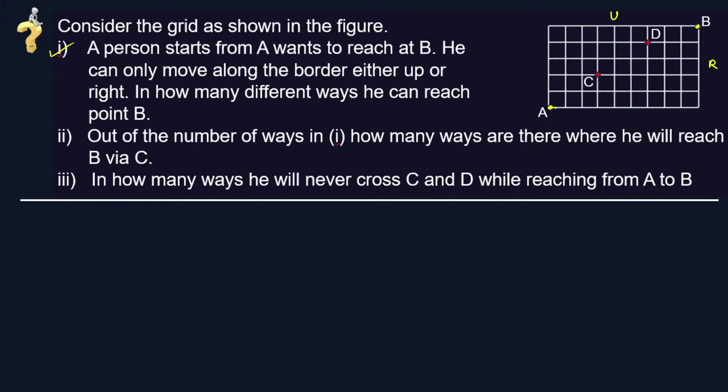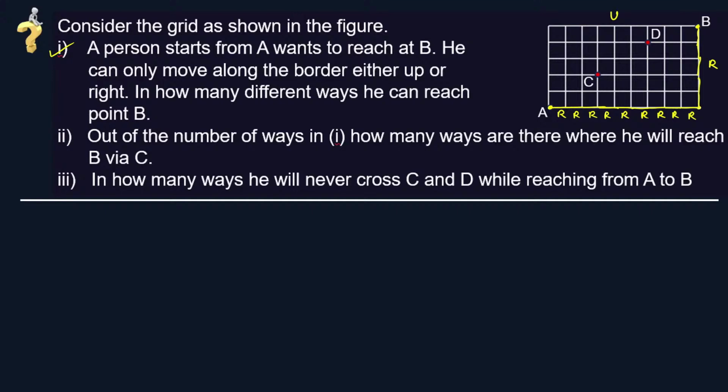Let us say the person moves like this, then this, then this, like this way. He is moving till this, and then again he is moving up and he is reaching here. So suppose if he moves to the right, I'm writing that as R. So for the case that we have considered, the person is moving first right, then right, then right, then right, and then right.